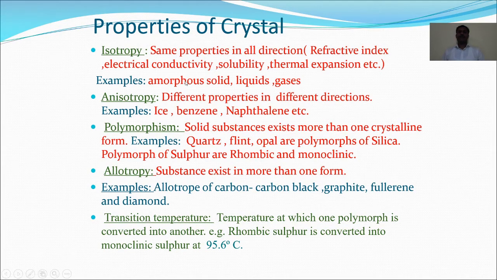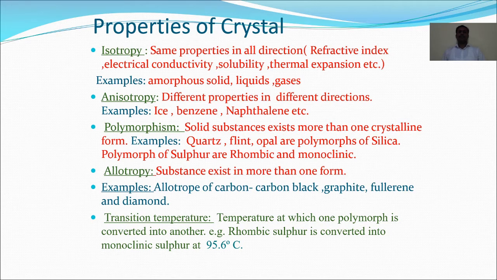Examples are amorphous substances, liquids, gases. Anisotropy: if properties like refractive index, electrical conductivity, solubility, thermal expansion, etc. are different in different directions, such properties are called anisotropy. Examples: ice, benzene, naphthalene, etc.